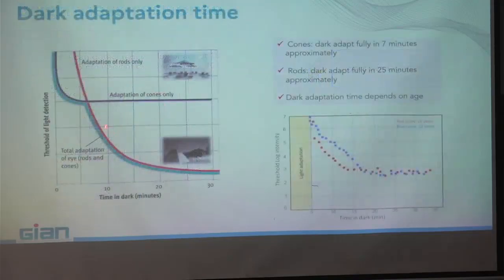I told you that we need an adaptation time. You see here, in fact, this is the time that you need to stay in the darkness in order to leave enough time for your rods to be activated and send the information to the brain.